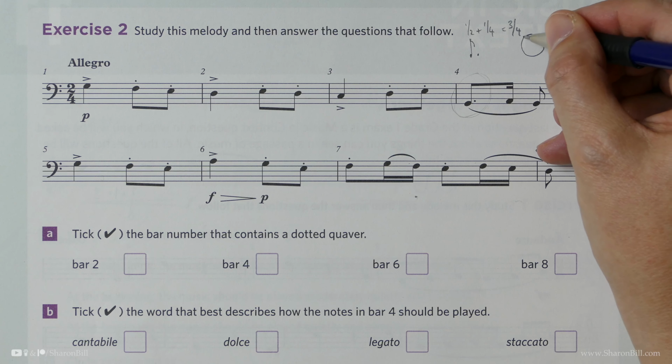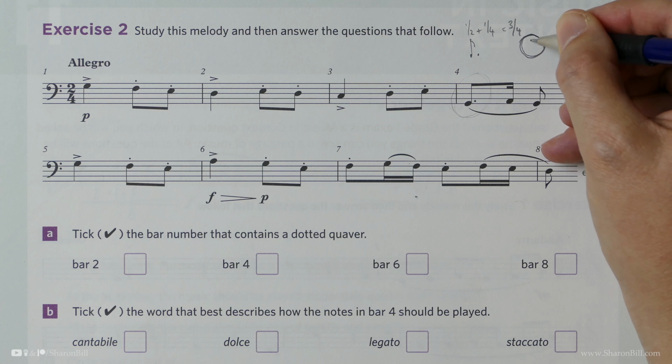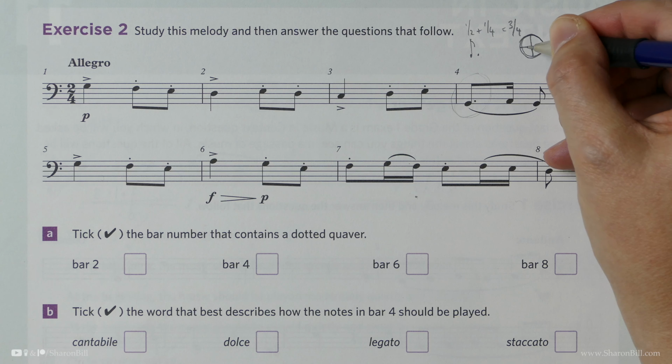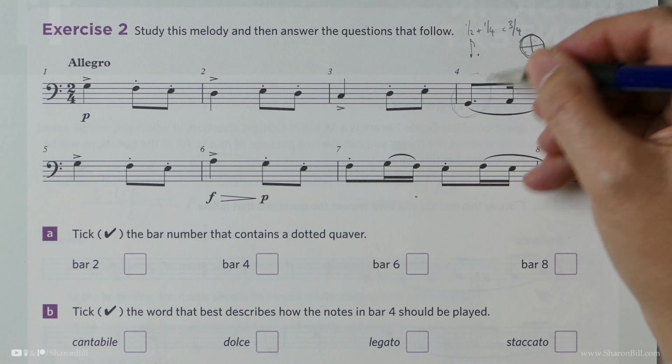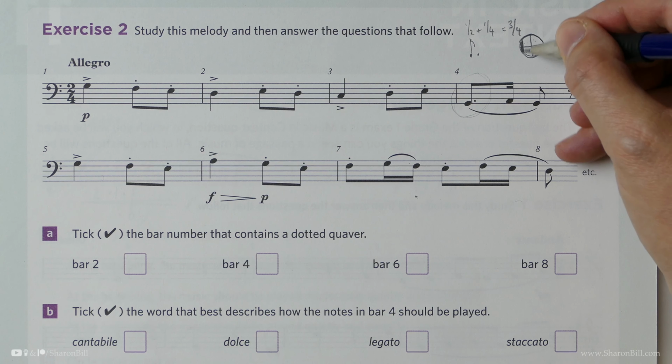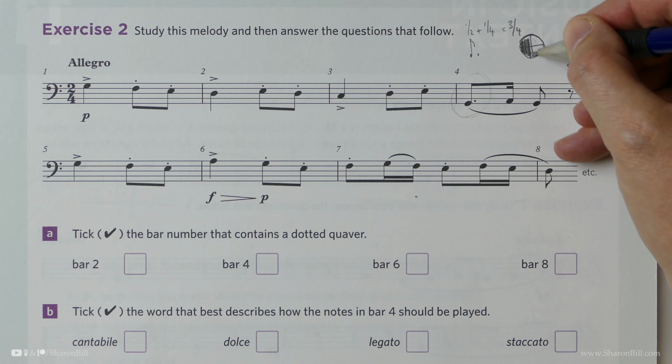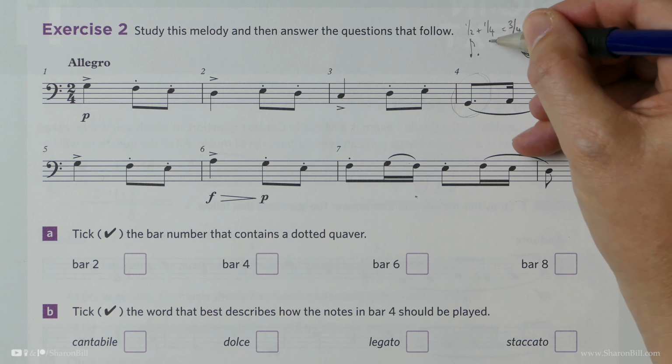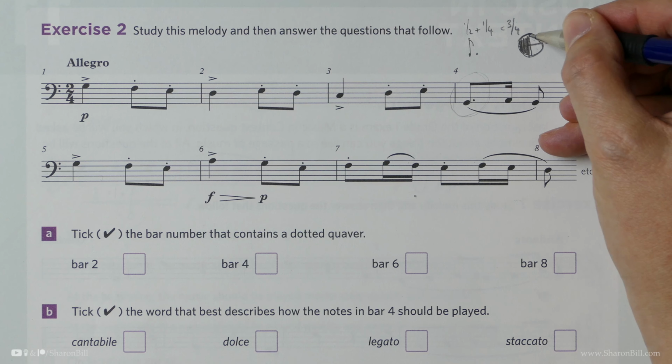So here we have a crotchet beat. And let's divide that into quarters. So each one of these is a semi-quaver, a quarter of a beat each. So a quaver is worth half a beat. And then the dot after it is worth half as much again. And so there's our quarter.